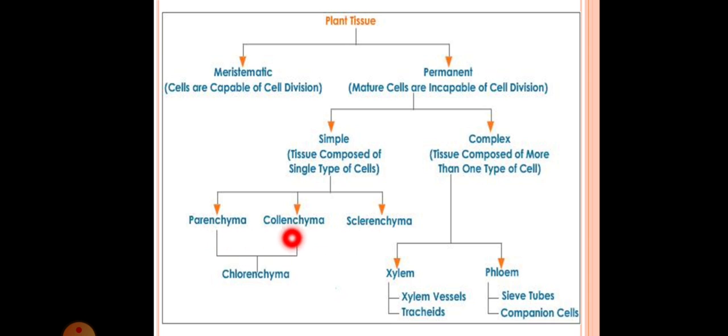Parenchyma and collenchyma together produce the chlorenchyma. Complex tissues are divided into xylem and phloem. Xylem is of many types and even phloem is of many types.